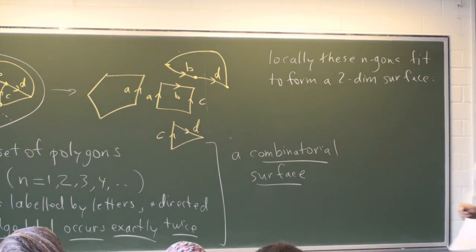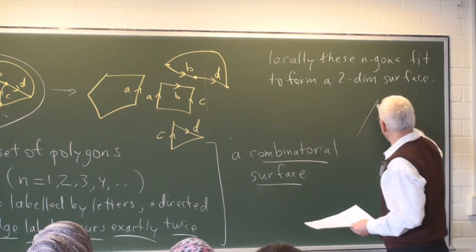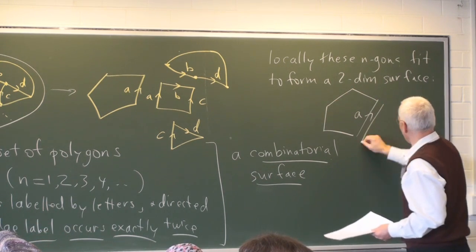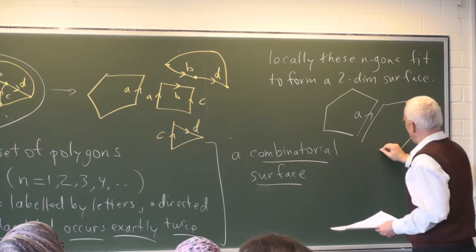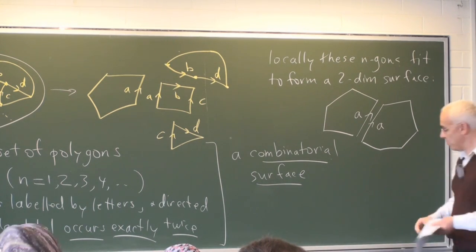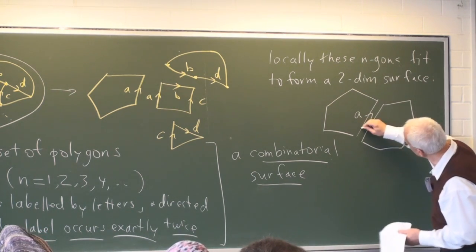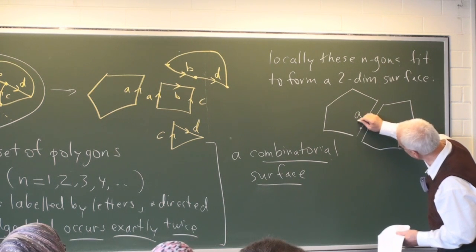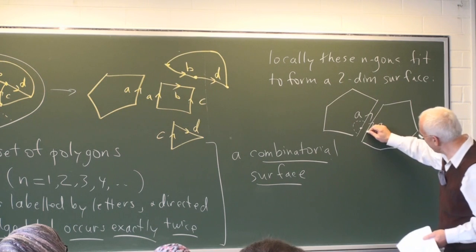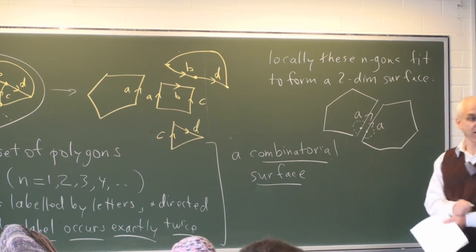And there's two things that we need to check there, or just observe. One is that if we have an edge A from one polygon and we glue it to an edge also labeled A from another polygon, then any point on that common edge, say that one there, is going to have a neighborhood which is sort of a half disk from the one polygon and another half disk from the other polygon.